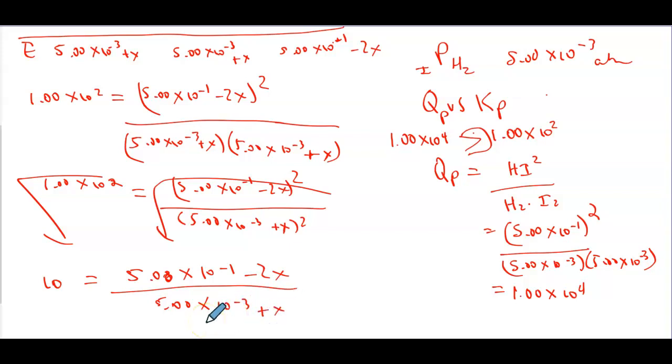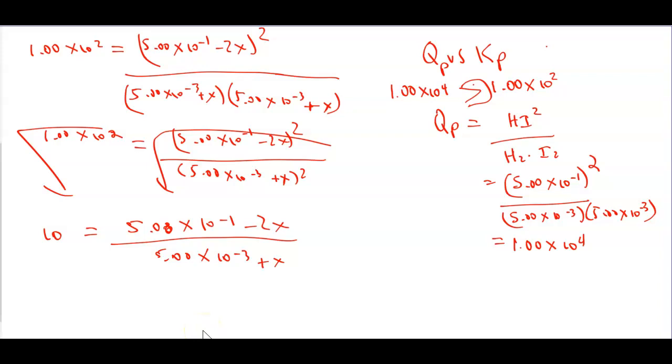I'm going to solve for x by cross multiplying. So I'm going to put this under 1, and I'm going to cross multiply, so this is going to be 10 times 5.00 times 10 to the negative third plus x, equal to 5.00 times 10 to the negative first minus 2x. So all I did was put it over 1 and cross multiply.